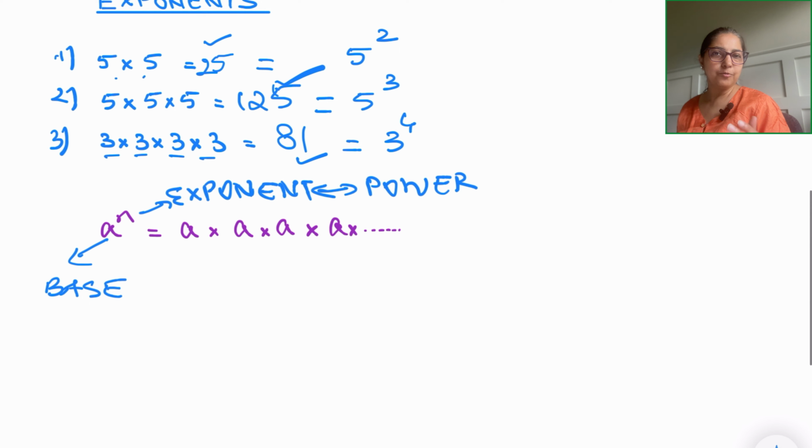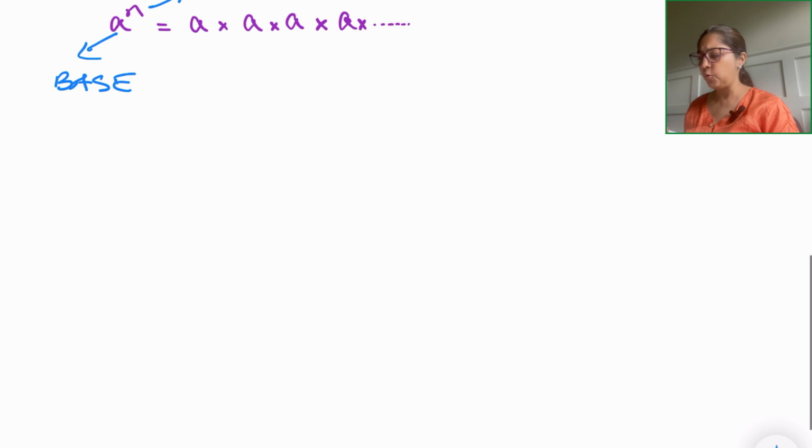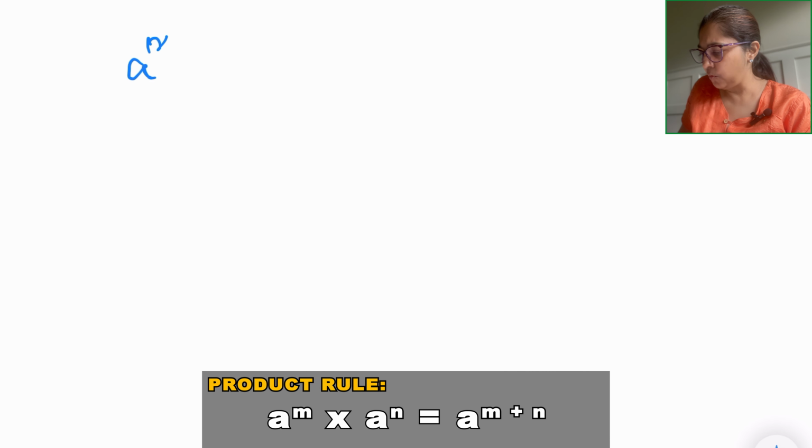So now, how do we utilize exponents? We utilize some rules and laws to help solve some problems. So I'm just going to give you a brief summary of what those rules are going to be. So first and foremost, if there is, for example, any number a, and it has an exponent of m, and we're multiplying it with the same number a, but it has another exponent n.